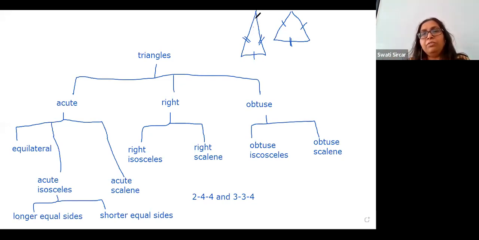So the range for this angle is between 0 and 60, and neither 0 nor 60 are included, because if it is 0, then it becomes a line segment and doesn't remain a triangle. And if it is 60, then it becomes an equilateral.